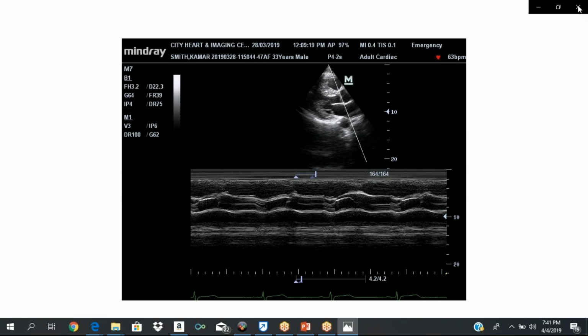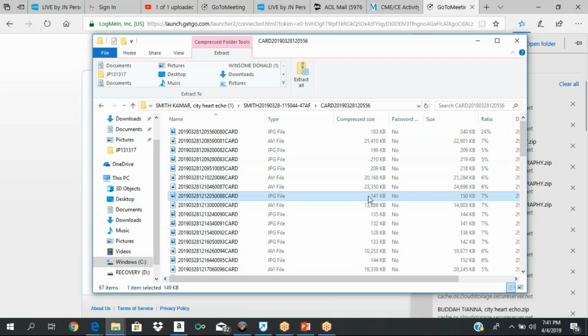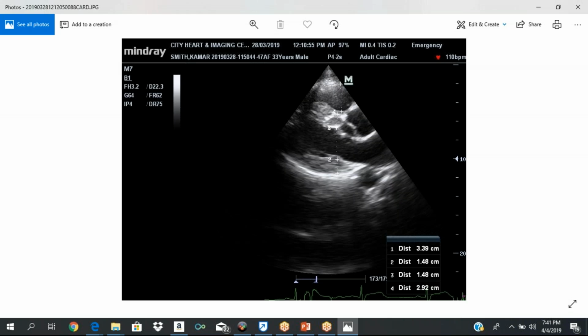Alright, so let's look at this. You also measure the right ventricular flow tract, or the RV. And this is how it's measured.